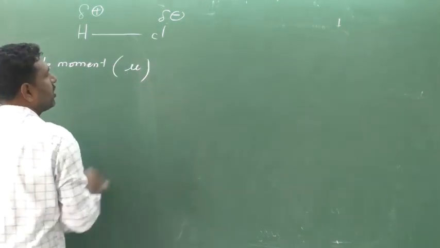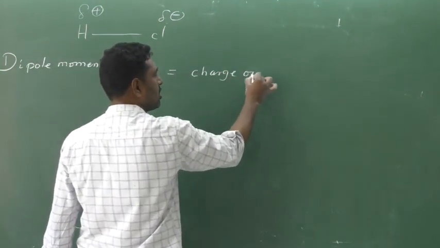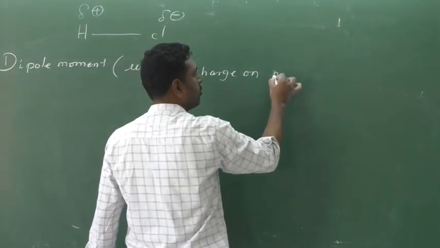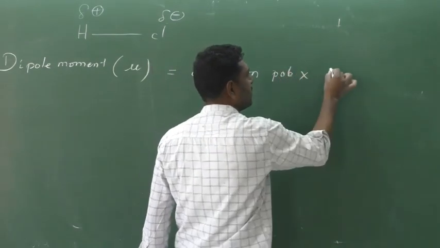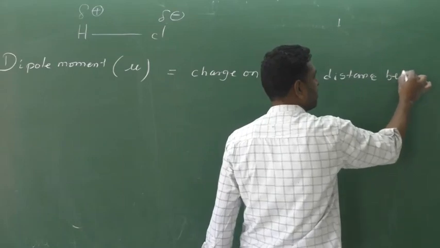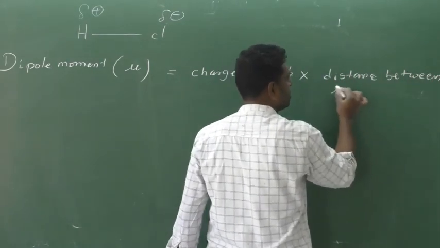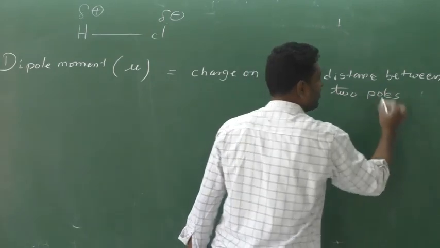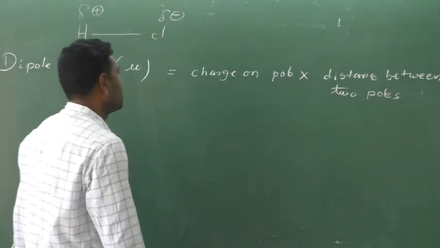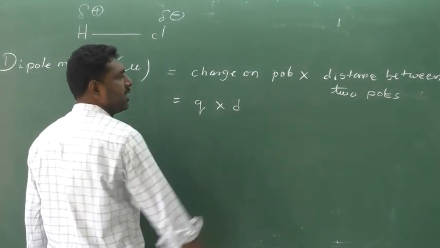Dipole moment, mu, equals charge on pole into distance between two poles. Charge is denoted by Q and distance is d.